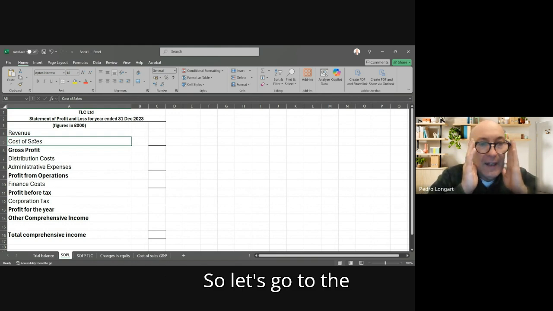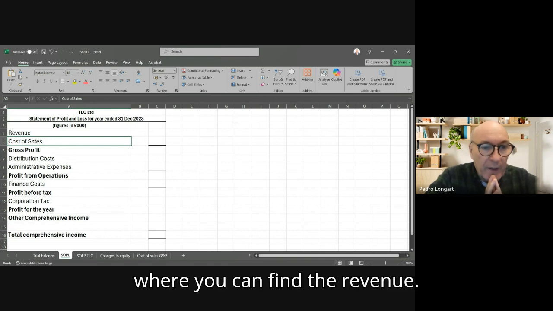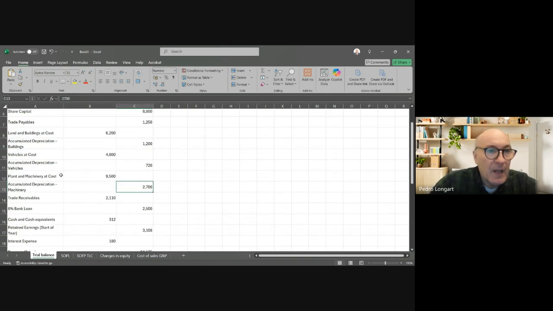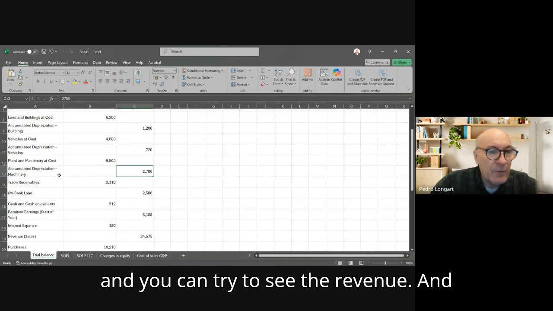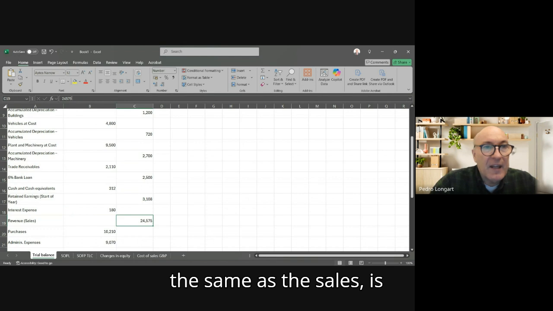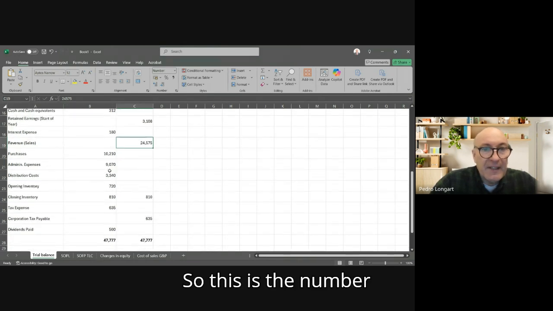So let's go to the trial balance and try to find where you can find the revenue. As you can see, you can find the revenue, which is the same as the sales, is 24,575.